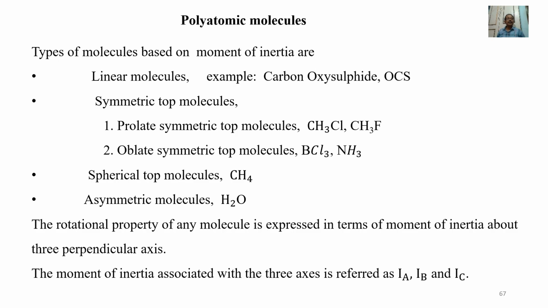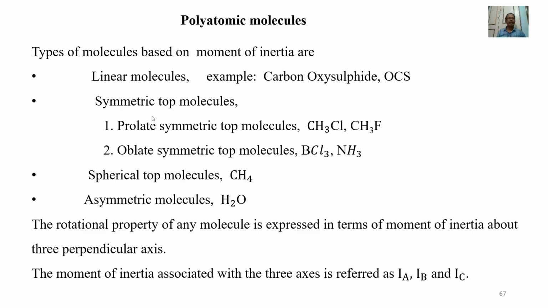The polyatomic molecules are classified as linear molecules, symmetric top molecules, spherical top molecules, and asymmetric molecules based on their moment of inertia. Linear molecules: the example is carbon oxysulfide.